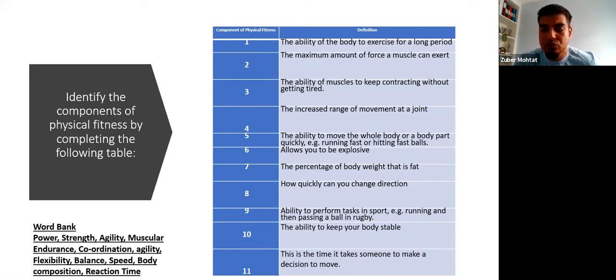So for the first one, the ability of the body to exercise for a long period, select the correct fitness component from the word bank. In the Q&A box, can you just write down 1 and then your answer, and then 2 and your answer? In total, you'll have 11 answers. So number them, and alongside each, put the correct fitness component.